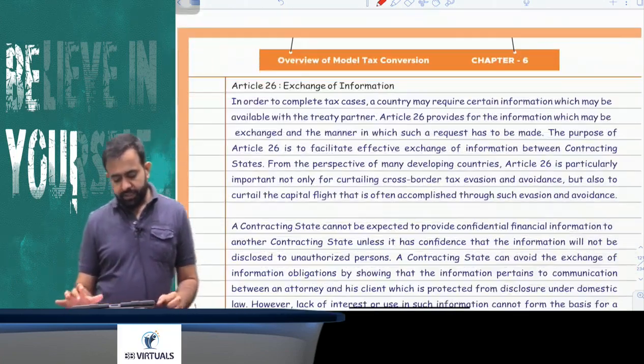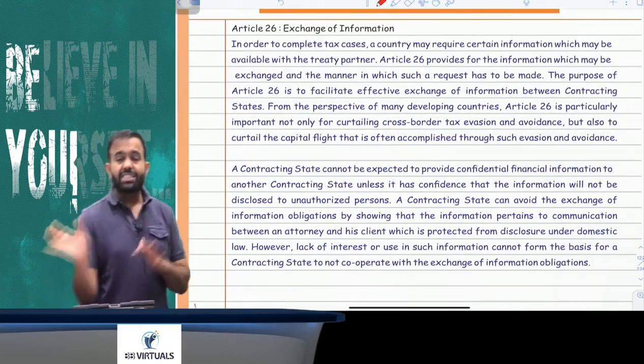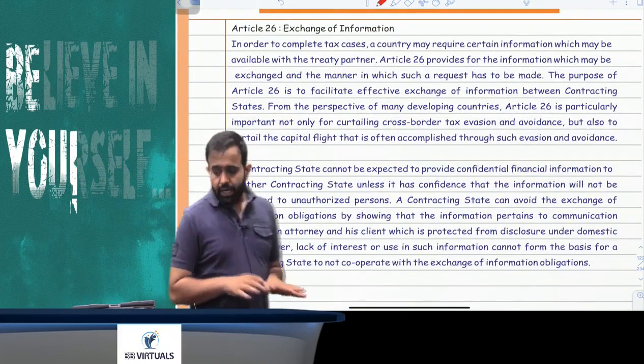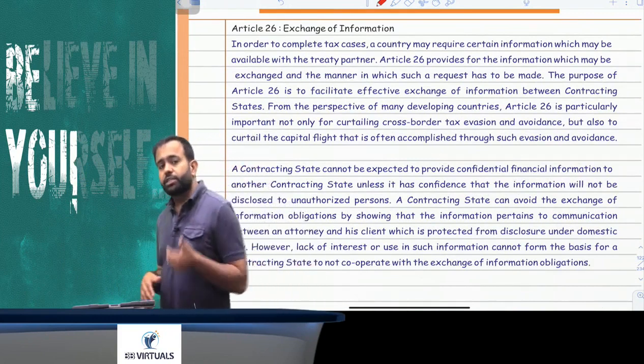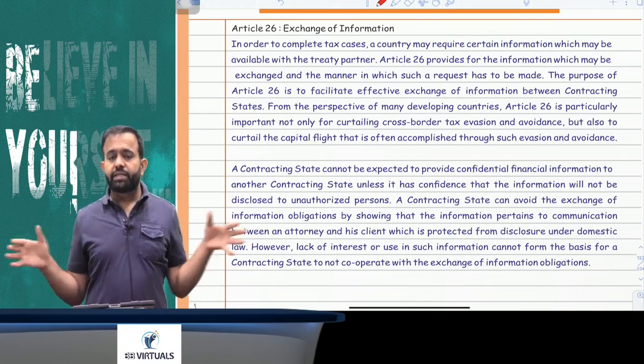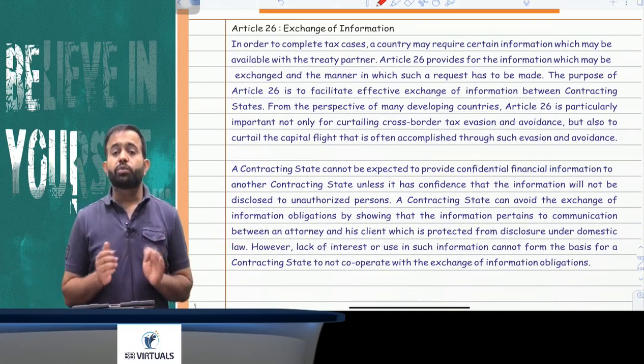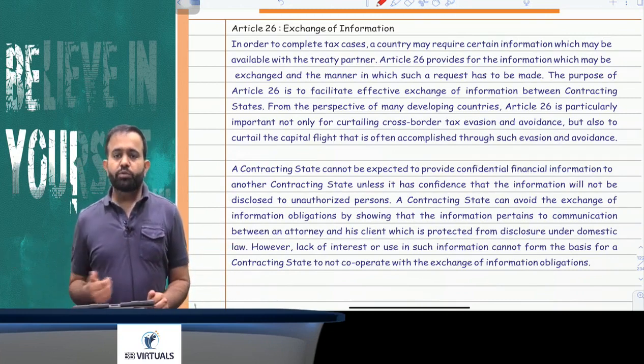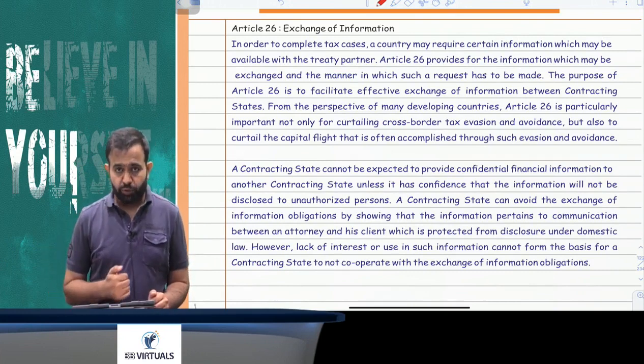Now the next part is article number 26 in all agreements, exchange of information. So guys, in every DTAA there is an article on exchange of information. Whenever any country wants information, the other country should provide that information.